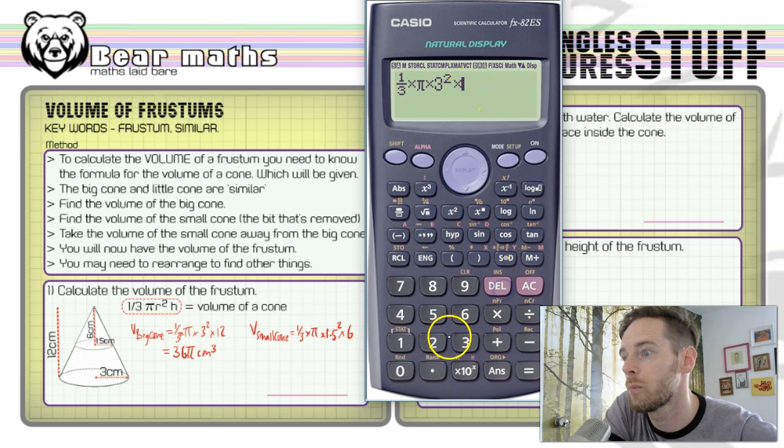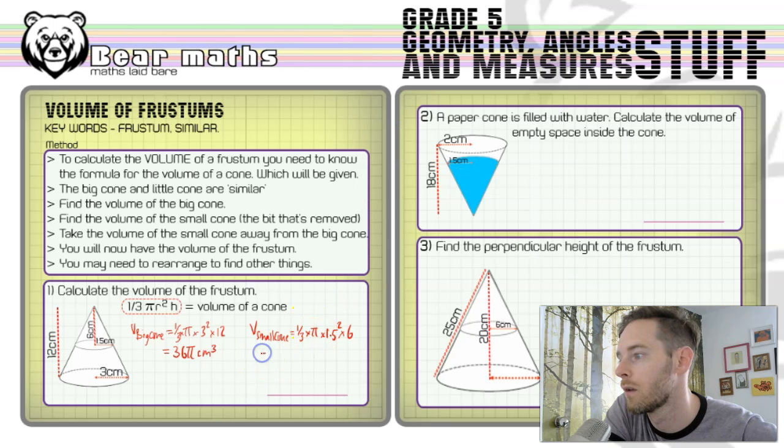Just delete the 12, put a 6 in, delete the 3, and put a 1.5 in. That gives 9/2 pi centimeters cubed, right? So the volume of the frustum equals 36 pi minus 9/2 of pi, and that's in centimeters cubed.